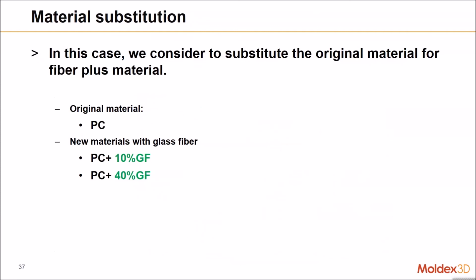So in this case, we utilize fiber to improve the warpage problem. The original material here is PC, and the substituted materials are PC plus 10% glass fiber and PC plus 40% glass fiber.